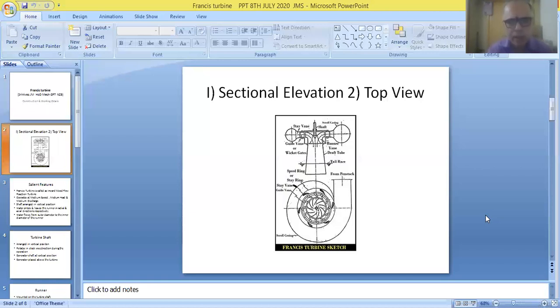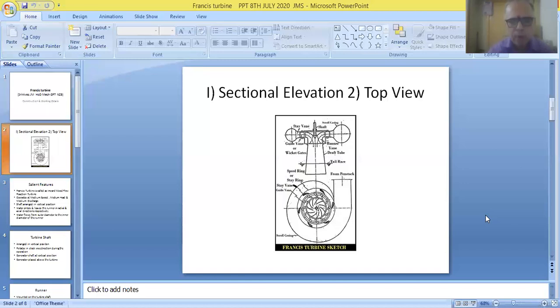And secondly, the water which is coming out of the casing will be entering the guide wheel, and again it will be flowing from outer diameter to the inner diameter of the guide wheel. So therefore, again the area of cross section is gradually decreasing in the direction of flow of water.